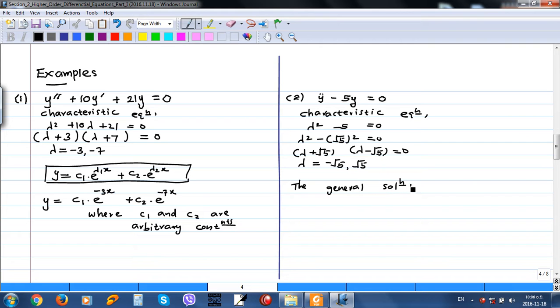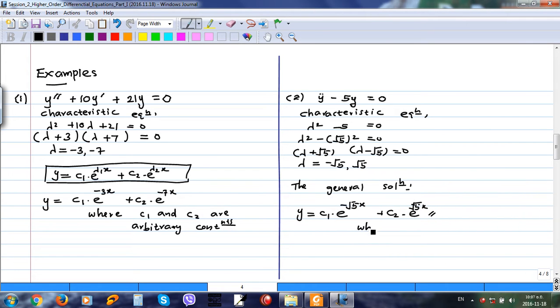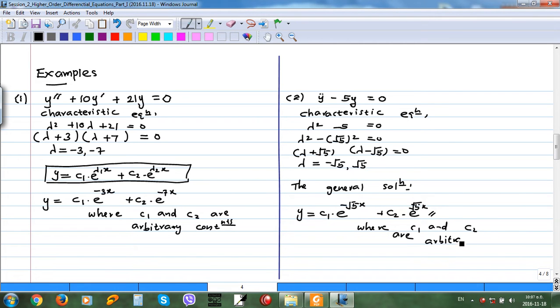So then the general solution, you can write according to this form: y equals c1 times e to the power of lambda 1, which is minus root 5 times x, plus c2 times e to the power root 5x, where c1 and c2 are arbitrary constants.